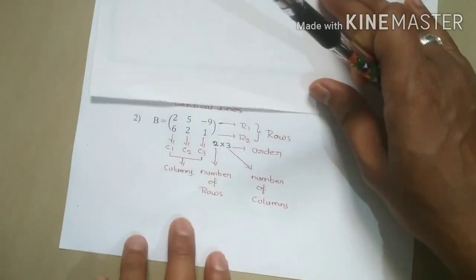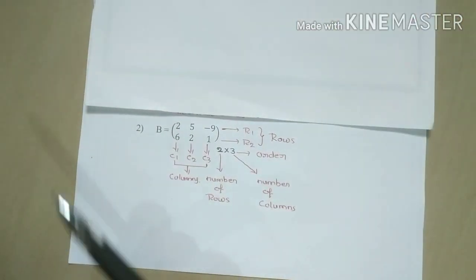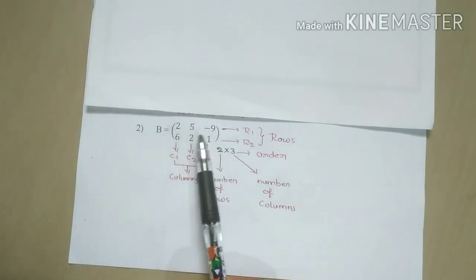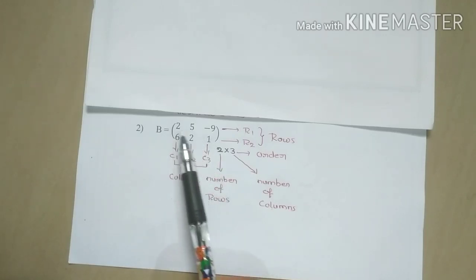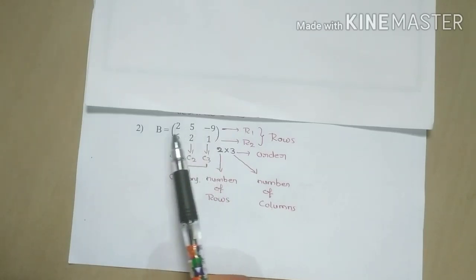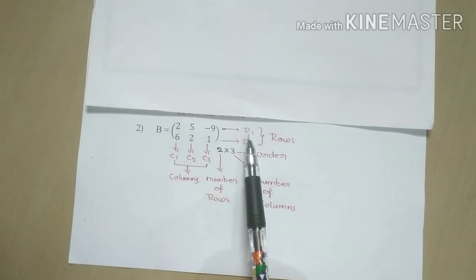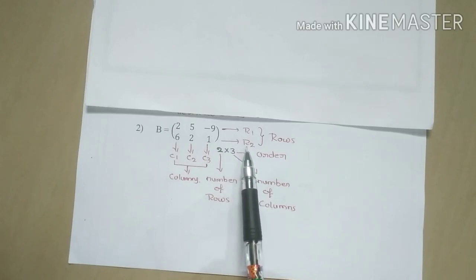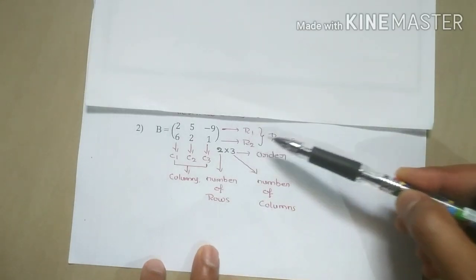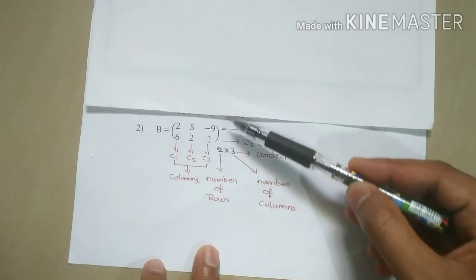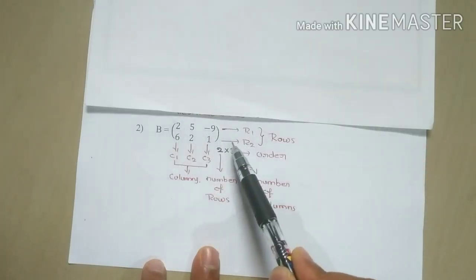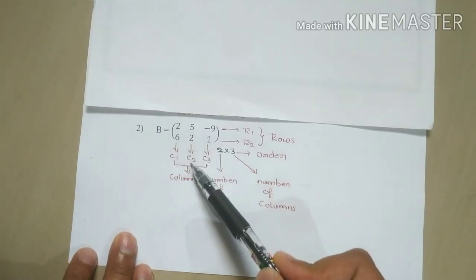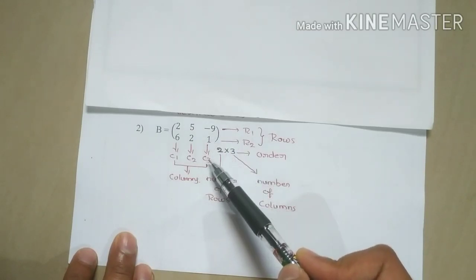Here is one example. The matrix B is equal to 2, 5, minus 9 in the first row, which I denote by R1, and 6, 2, 1 in the second row, which I denote by R2. R1 and R2 together are called rows, the horizontal lines. Similarly, 2, 6 is the first column, 5, 2 is the second column, and minus 9, 1 is the third column.